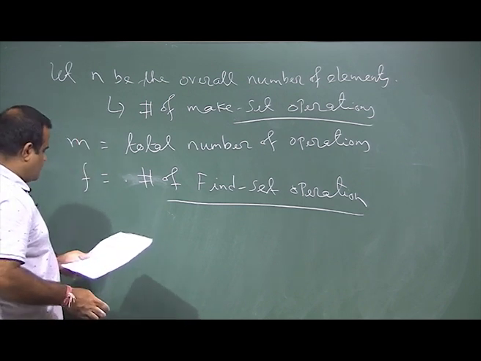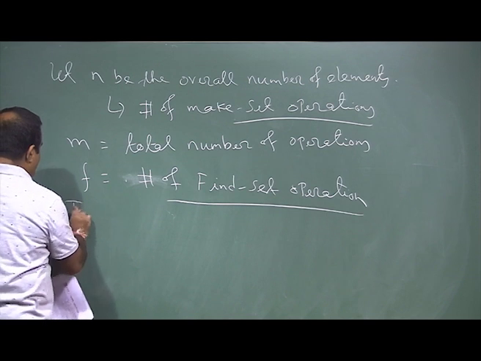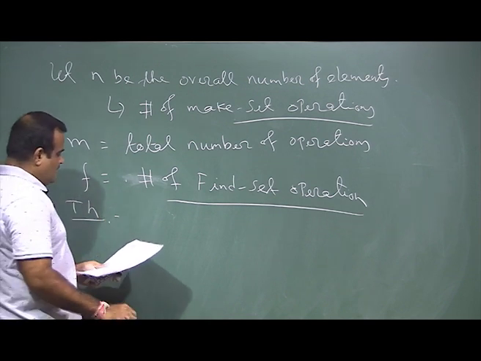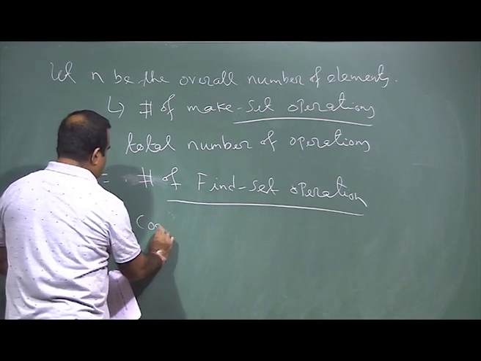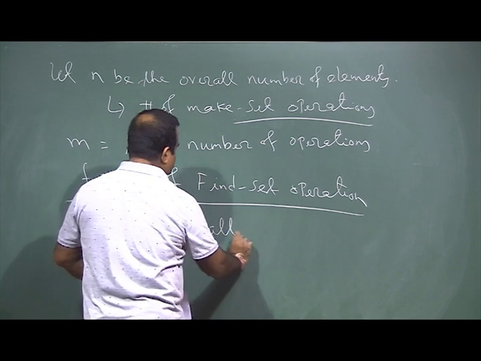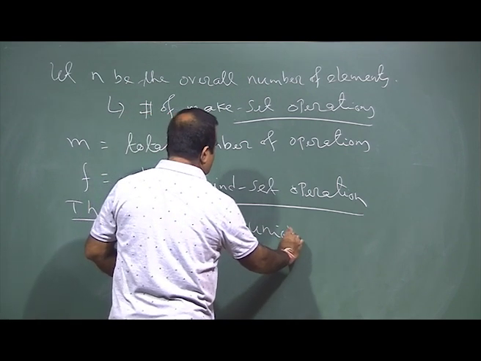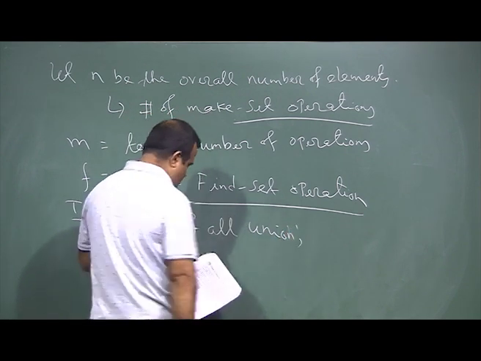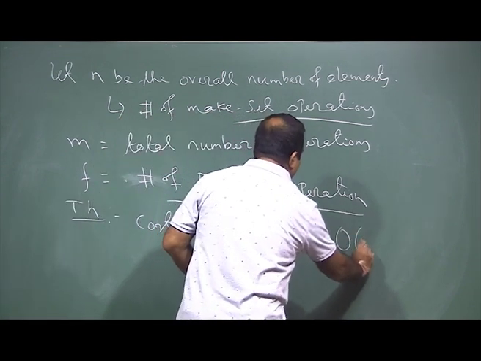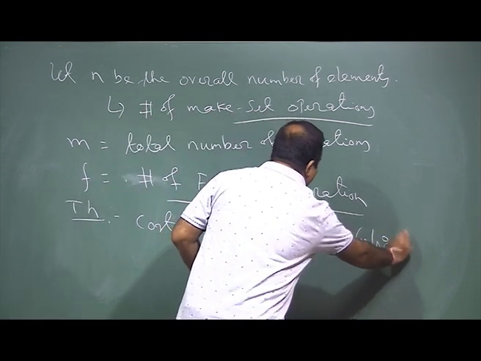Now we are going to prove a theorem in an amortized sense, that the cost of all unions, because we are worried about union for these augmentations, is order of n log n. There are n elements overall.